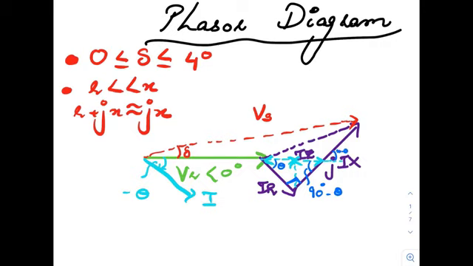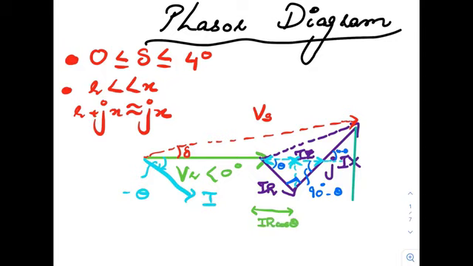Now let's draw the perpendicular to the axis. So now the total voltage drop will be this component plus this component. So this component will be IR cos theta, as this angle is theta. So I can represent it like this.